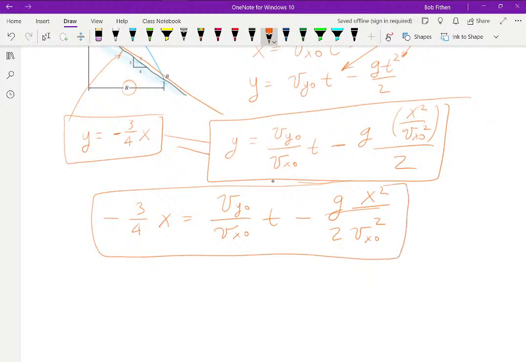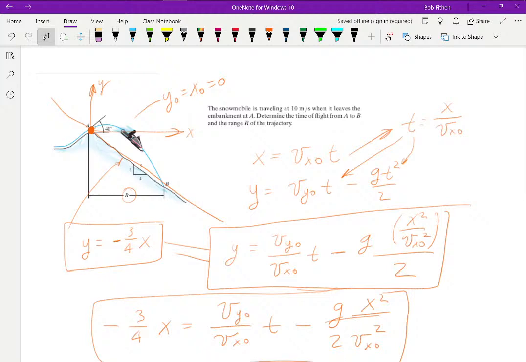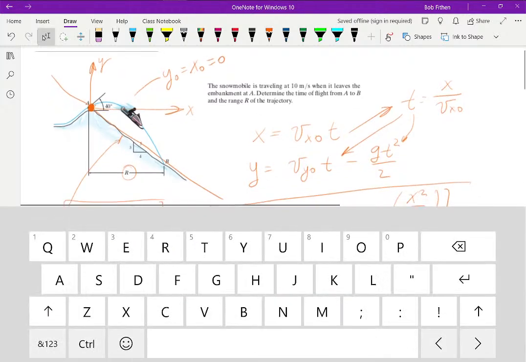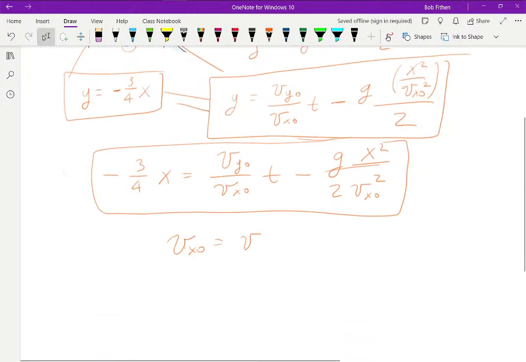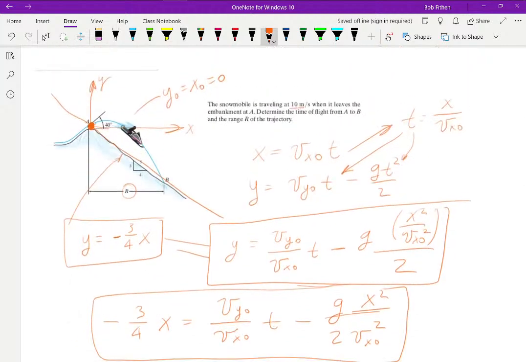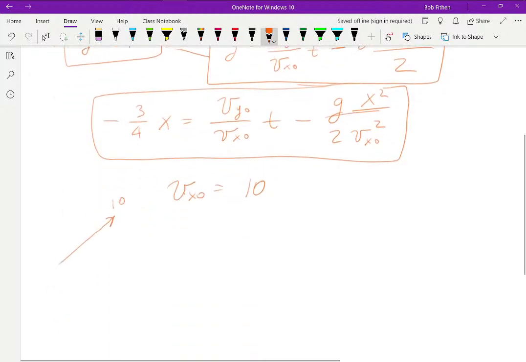When you look at it, you realize, wait a minute, all I need to know: Vx naught is equal to V, which is just called V. It's 10 meters per second. He's told you it's 10, and he's told you it's 40 degrees.